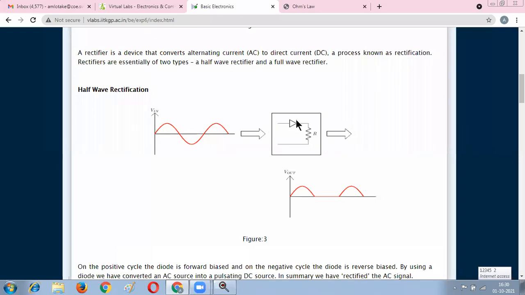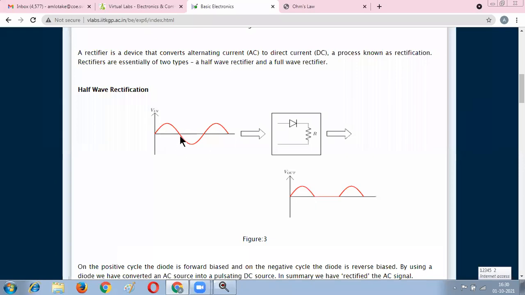As it is forward biased, it will conduct the current and the current will start flowing through the resistor. As the current flows through the resistor, you will get the output voltage. So during the positive half cycle you will get the output voltage.